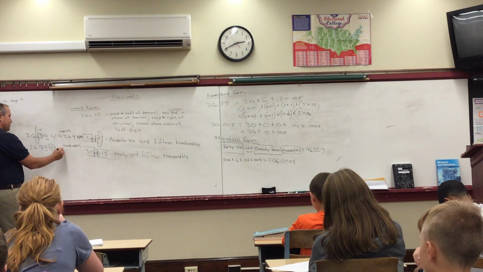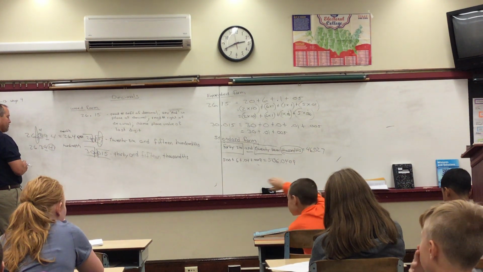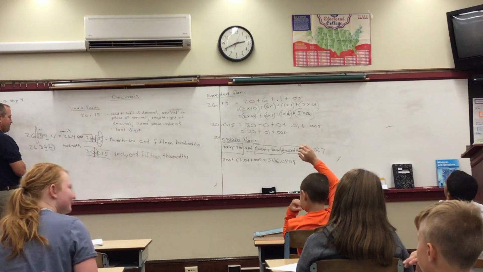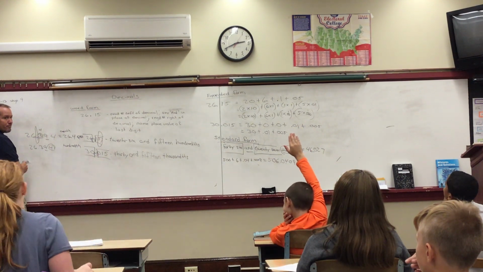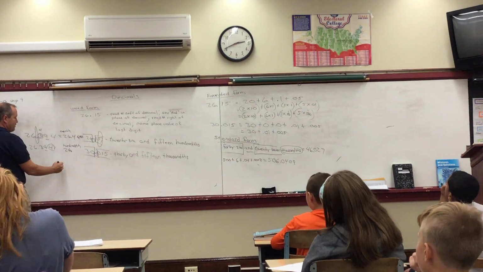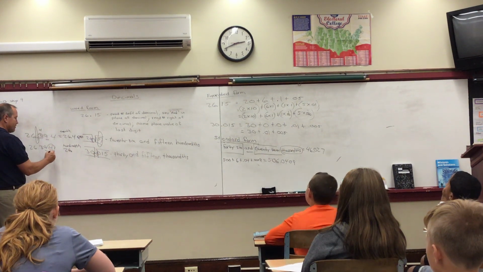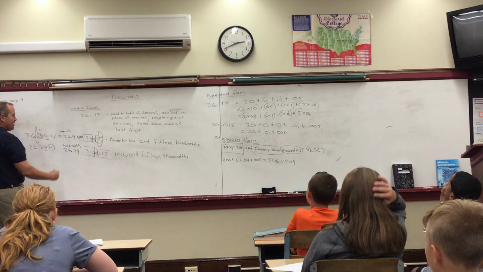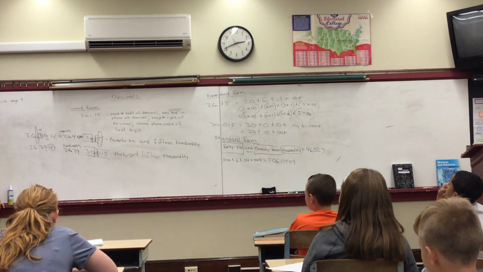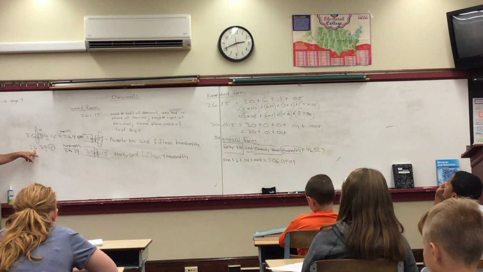Autumn? 26 and 300... Aiden? 26 and 300. How about simply 3/10? No, you just said... I said... You just said the 26. Can't get rid of the whole number there.